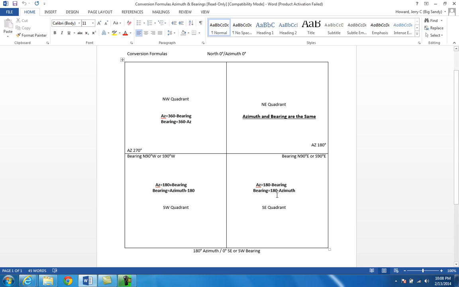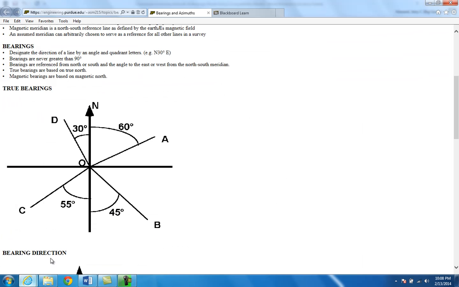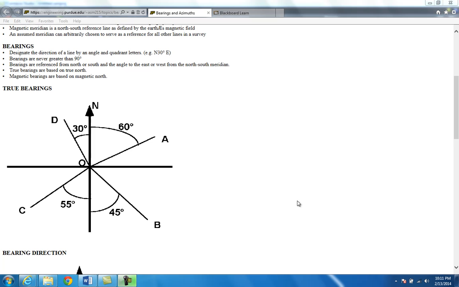All you do is take 180 minus 45, which leaves you with an azimuth of 135 degrees, which is exactly the same.